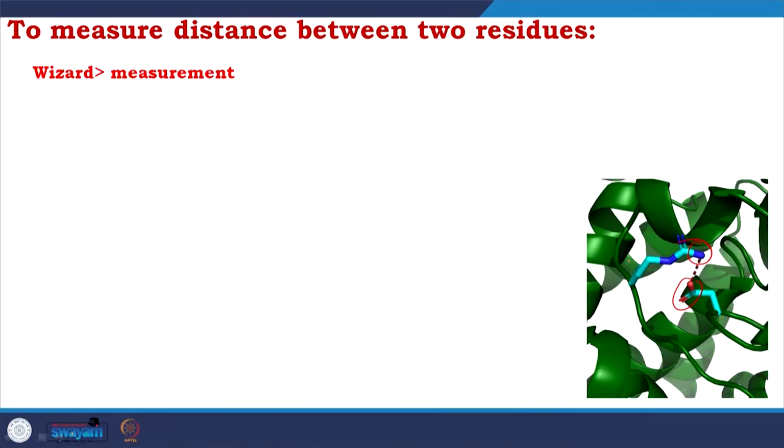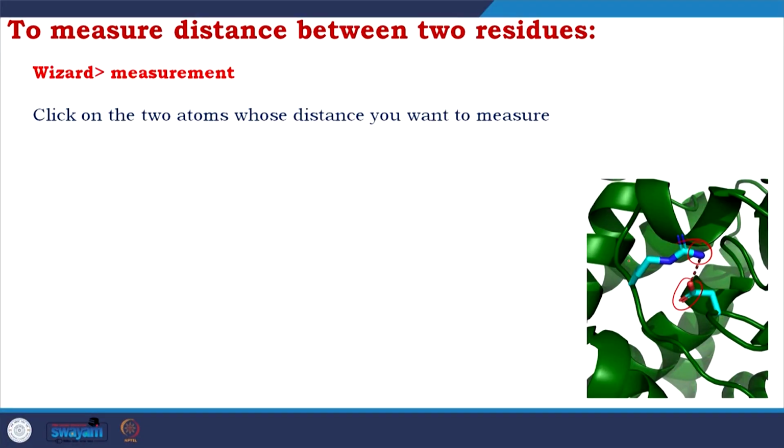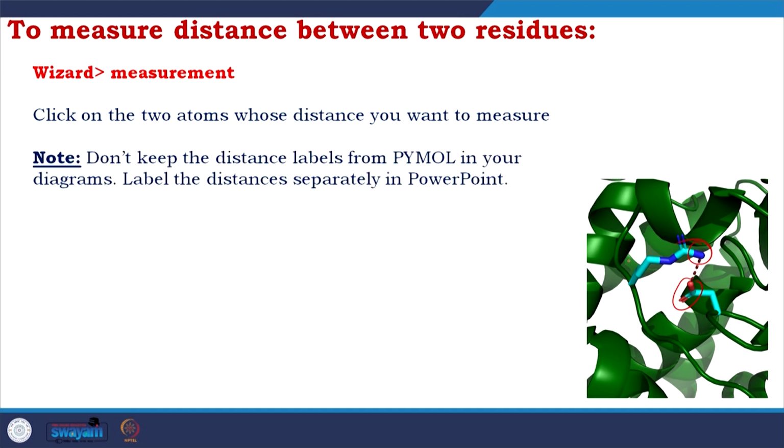So, with the measurement wizard, what is happening? You have to click on the two atoms whose distance you want to measure. Now, you have to remember not to keep the distance label from Pymol in your diagram; label the distances separately in PowerPoint. Why? Because you measure it, but you do not label it. If you label it in PowerPoint, then you have control of changing it whenever you want.